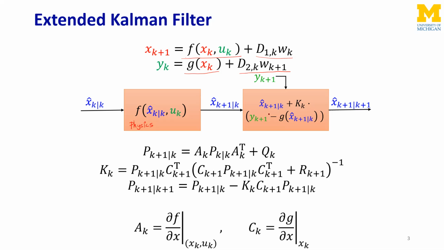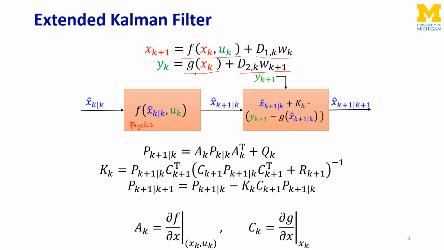But before I go there, the output error, instead of having C x hat k+1 given k here, I'm going to use the exact output map to compute the output. So I'm going to use the exact dynamics of the system to propagate the posterior state at step k to the prior state at step k+1.